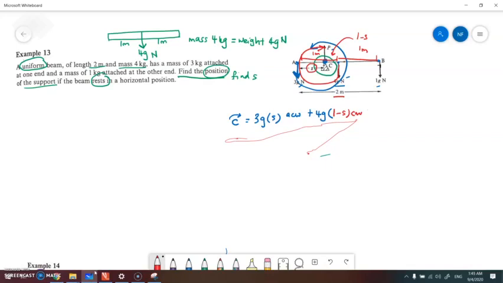And then we have 1G. Distance is 1 and then another 1 minus S. Then it moves clockwise, so equal to 0.